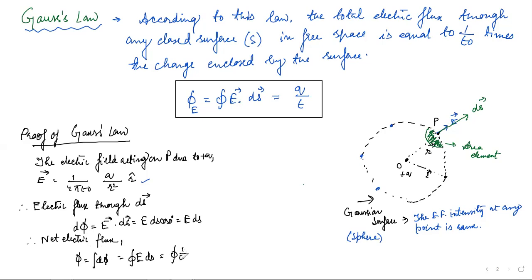E is 1 by 4 pi epsilon 0 into Q by R square, and dS, let us write dS like this, E dot dS. Now this whole part is a constant, so it will come out of the integration automatically.